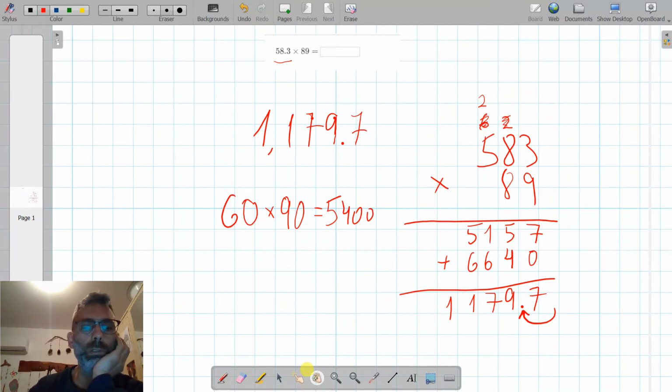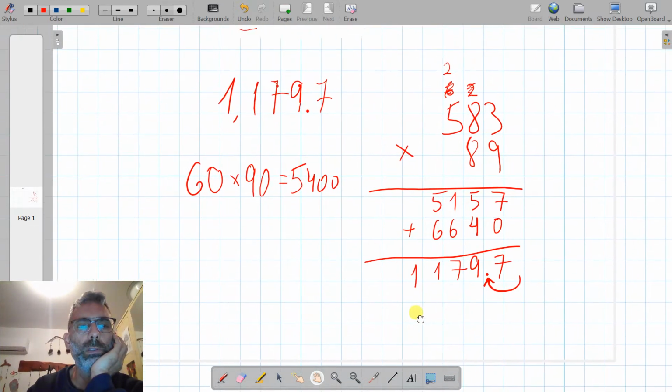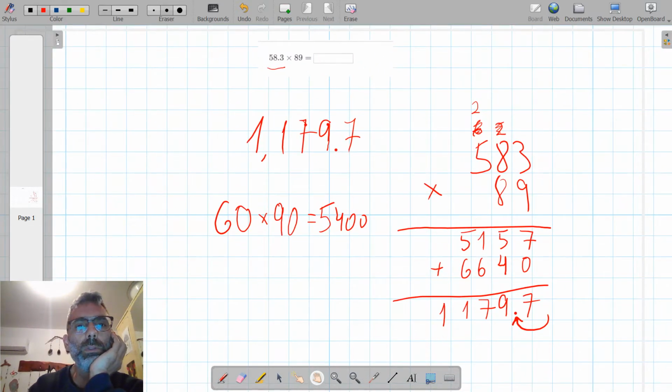Okay, let's solve this again. Let's see where I have a mistake here, obviously, because this multiplication should be around 5,400 and it's not even close.